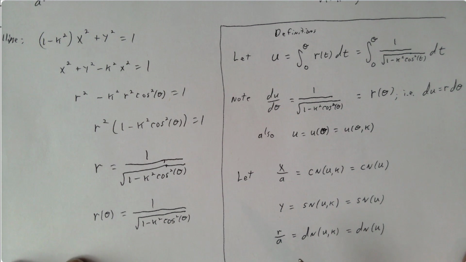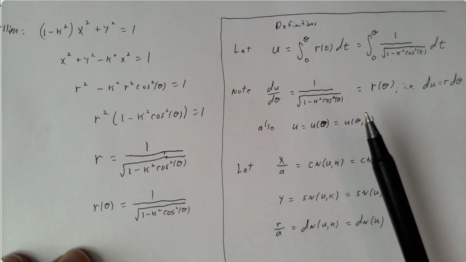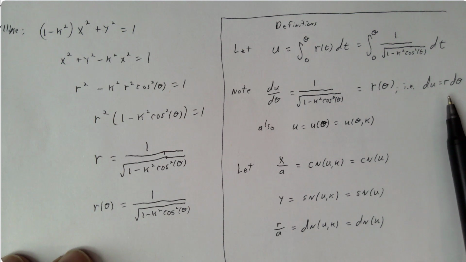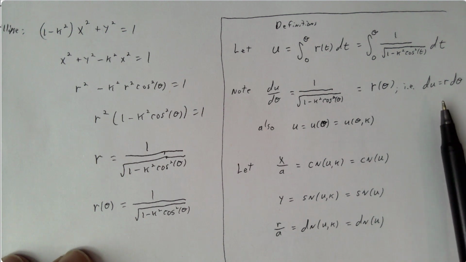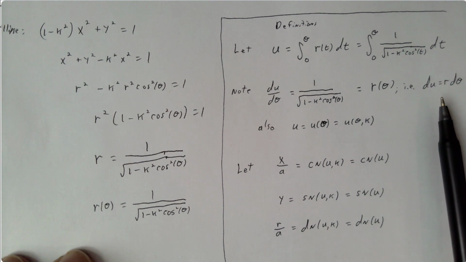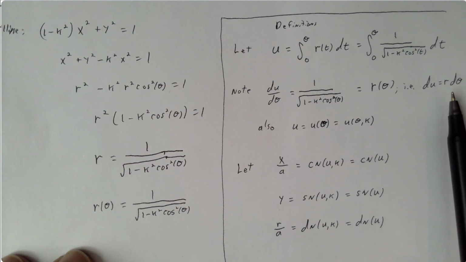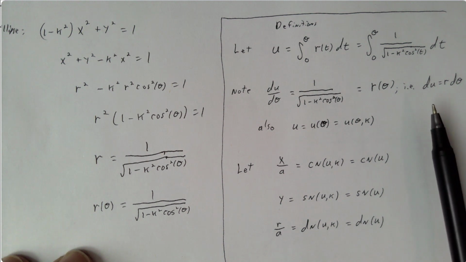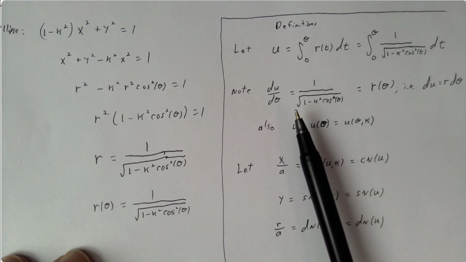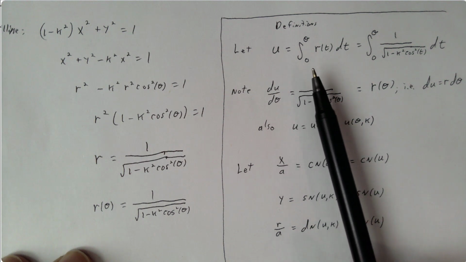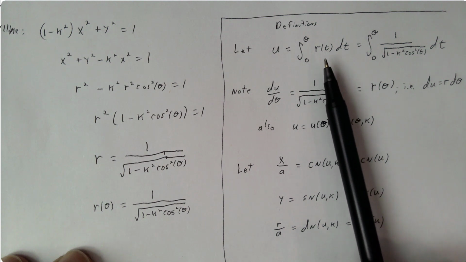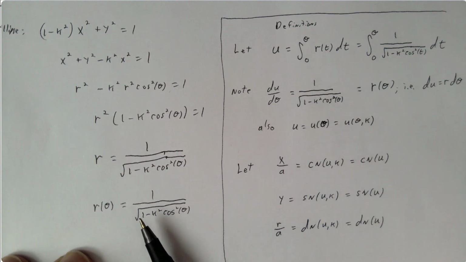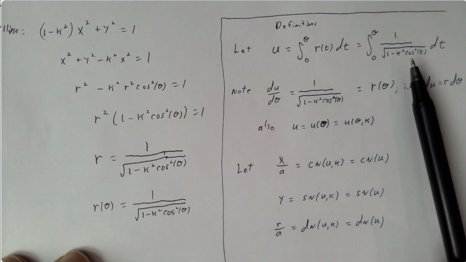If we've seen this before, we want du equals r d theta, which I'll go into a little bit more at the end of this video, and then also deeply in another video. We can adjust that, but for now, we'll keep it as du equals r d theta. To be precise, I would then want u to be the integral of r, but I have to use a dummy variable, so I made it r of t.